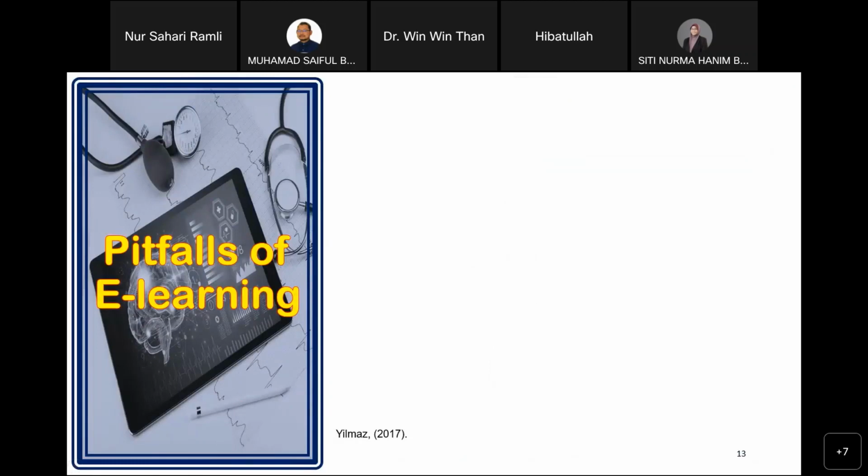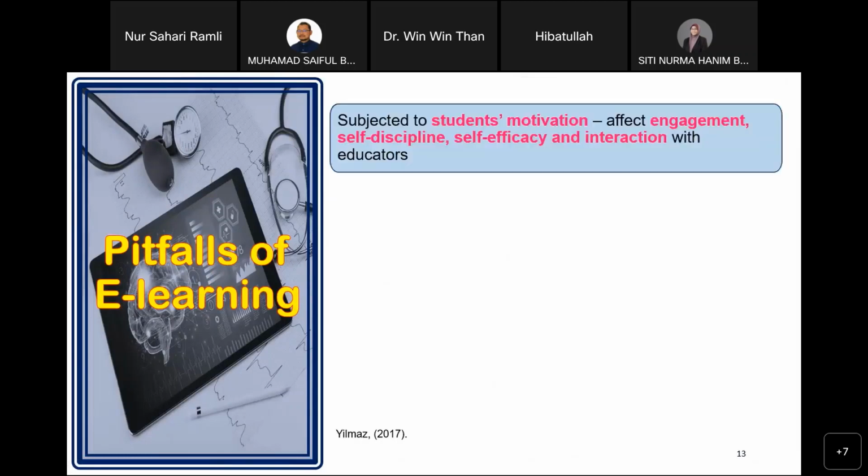All right, so despite the hype and the encouragement to produce e-learning in a lot of medical curricula these days, we educators, and us as well during the study, need to be aware that there are pitfalls of e-learning. One of them is that it is subject to students' motivation.